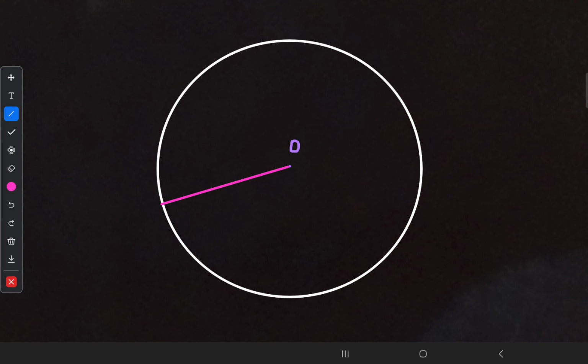Here from this midpoint, I drew a straight line to the circle, so this is a radius. Likewise, in the same figure, I am going to draw another radius from the midpoint to another side of the circle.